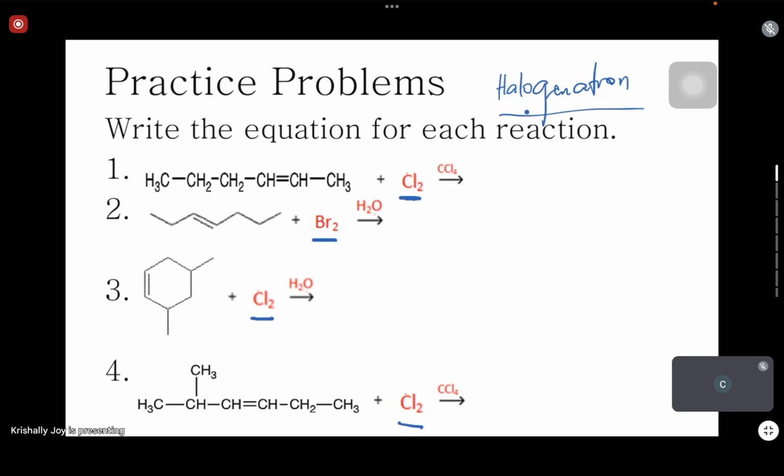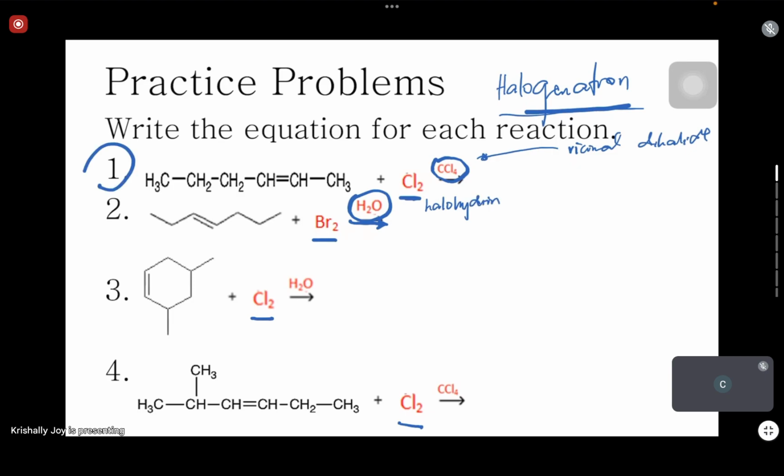But halogenation occurs in two manners. It can be in the presence of an inert solvent or in water. With carbon tetrachloride, what's the product? Vicinal dihalide. If it is water, halohydrin is the product.